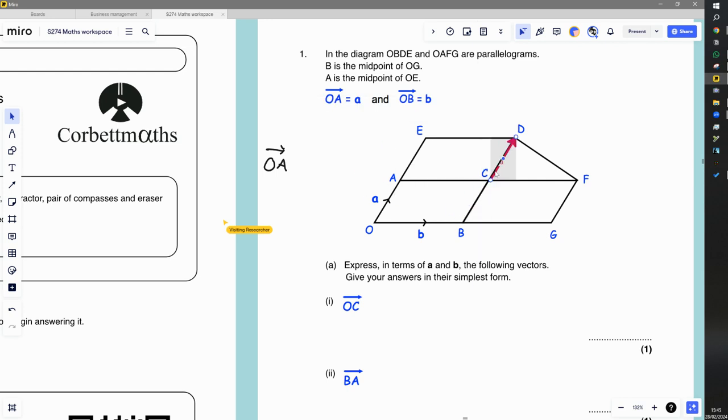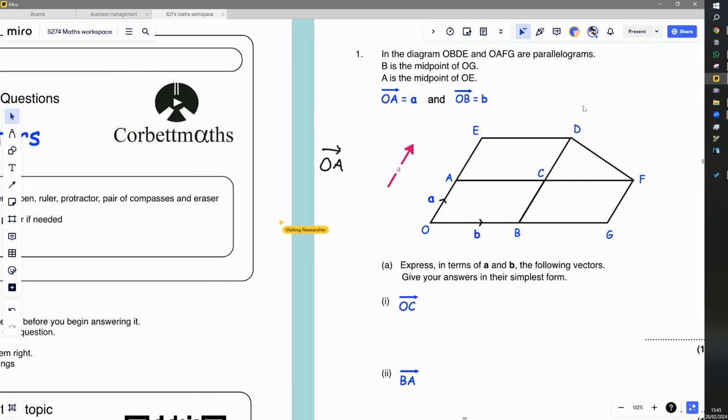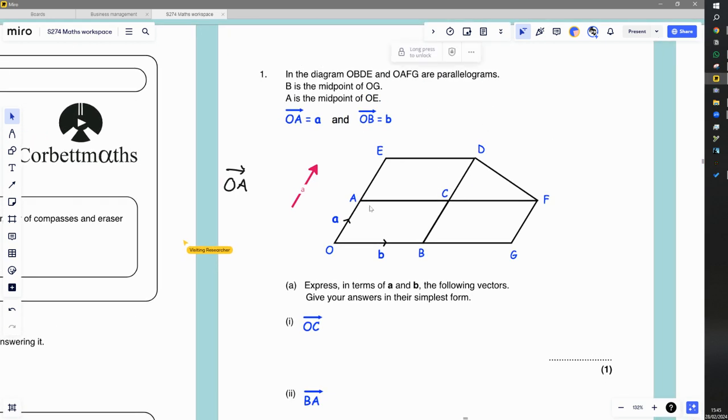From C to D is also vector A. From A to E is also vector A. Now, it looks like it is by sight, but how can I be sure? Because it tells me that OBDE and OAFG are parallelograms, so that whole thing is a parallelogram, and these other ones in the routine are also parallelograms.